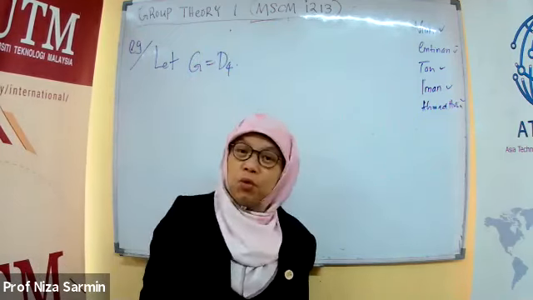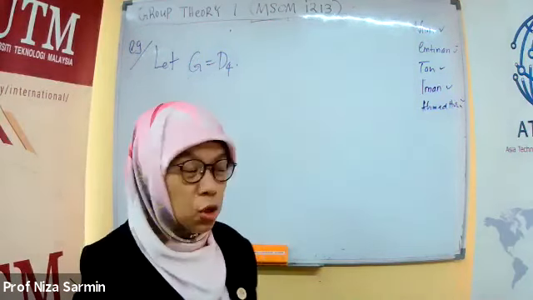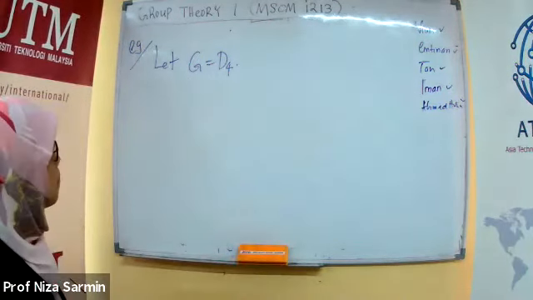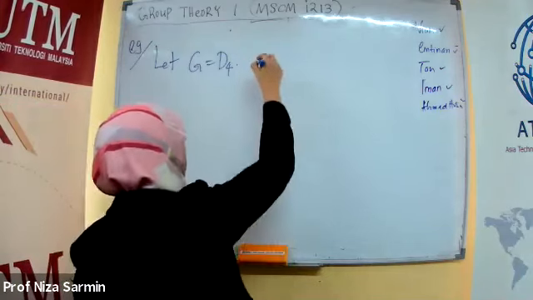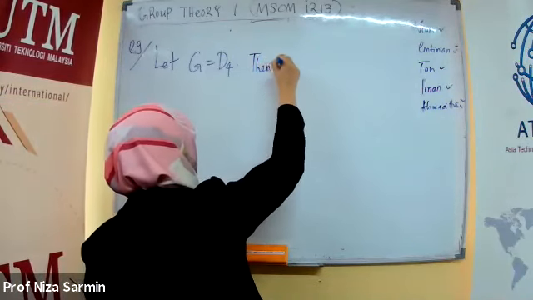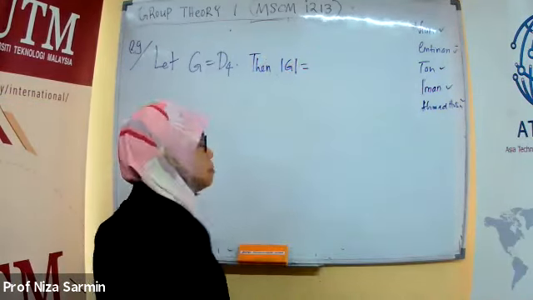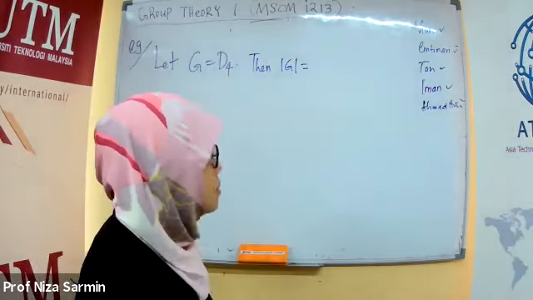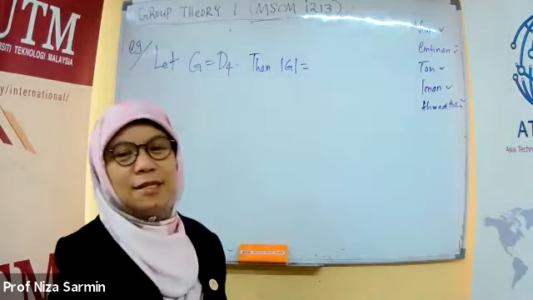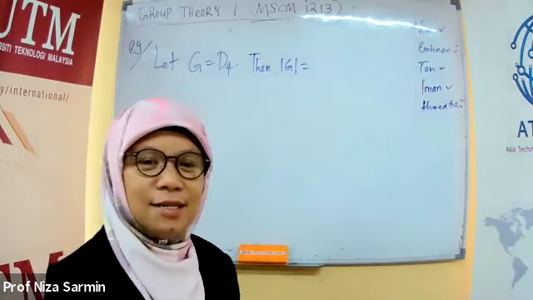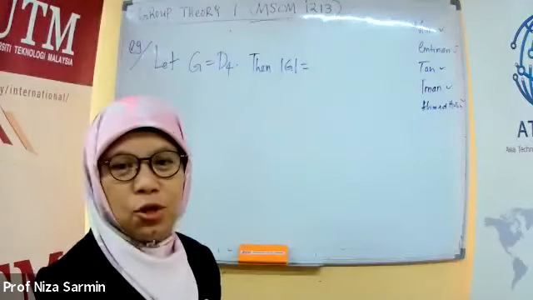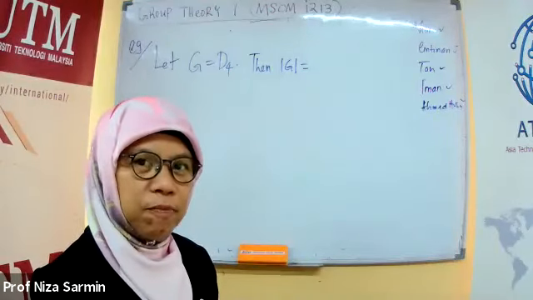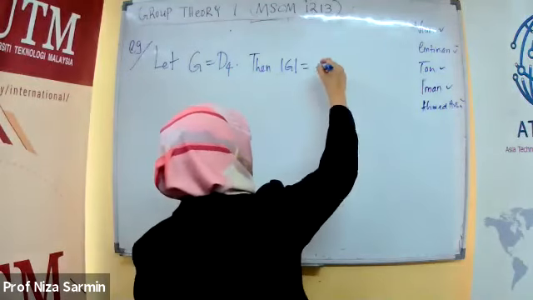This is a group that we are familiar with. What is the order of G? Can you write the order in terms of a power of a prime? 2 to the power of 3.